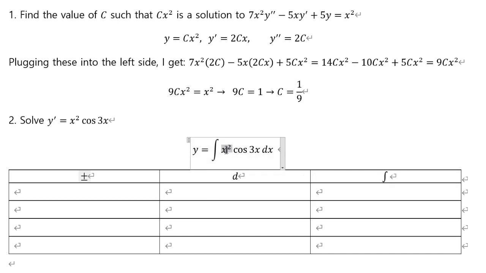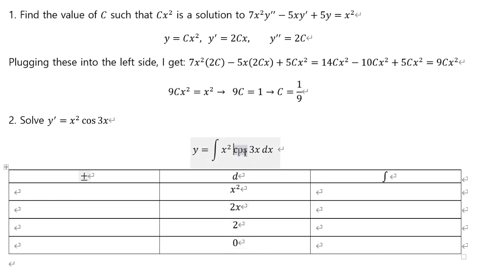On the d side, I'm going to differentiate x squared, so that differentiates to 2x, and 2x differentiates to 2, and 2 finally differentiates to 0. So put 0 here.